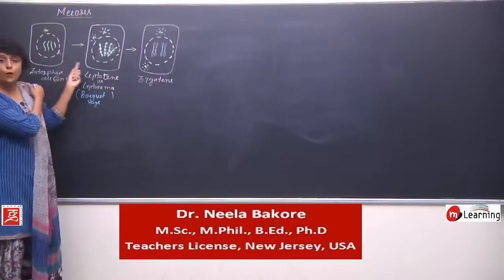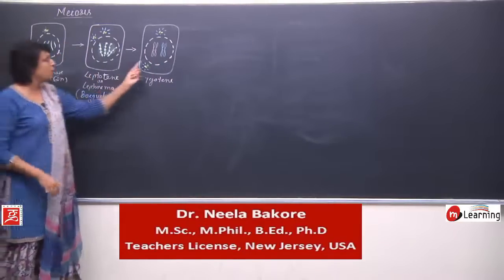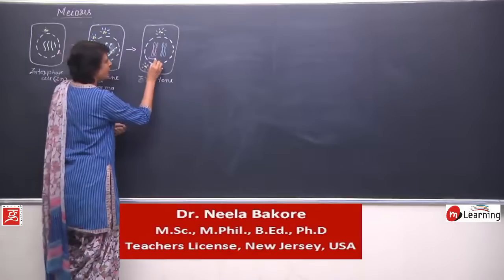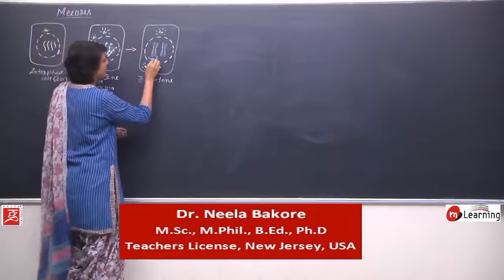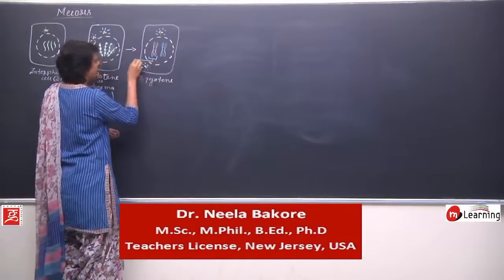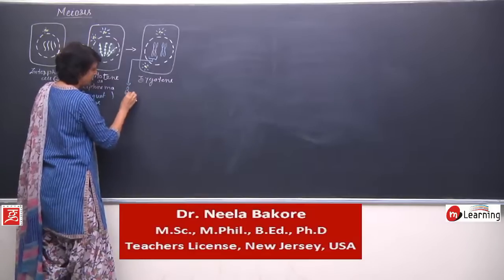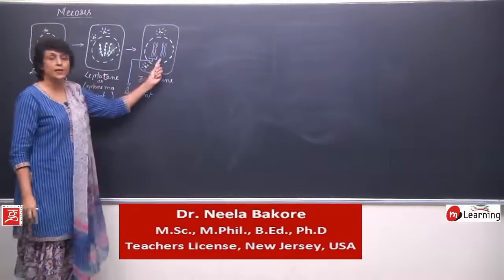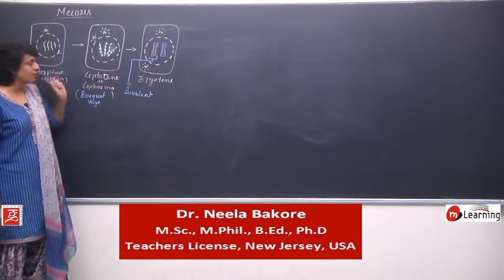So if there are 4 fibers or chromatin fibers, half the number would be of the homologous pairs. One pair or every pair is actually known as a bivalent. This pair is called a bivalent. So how many bivalents are visible here? 2, because we started with 4 chromatin fibers.